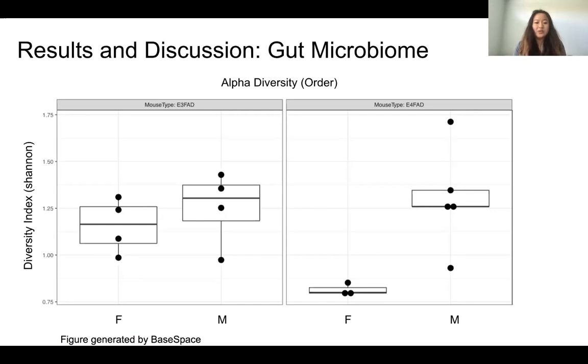And so this is actually a trend that is also similar to those of obese patients. And so those who struggle with obesity actually have a lower alpha diversity.